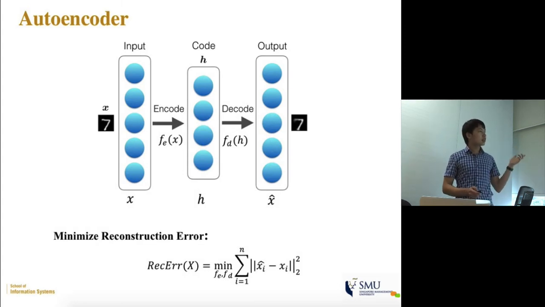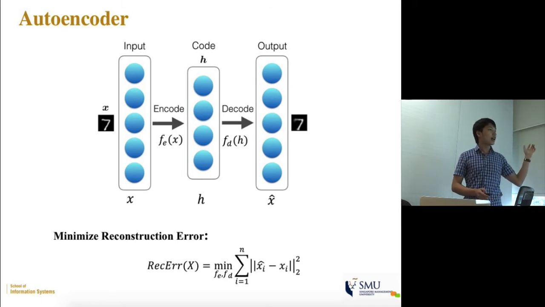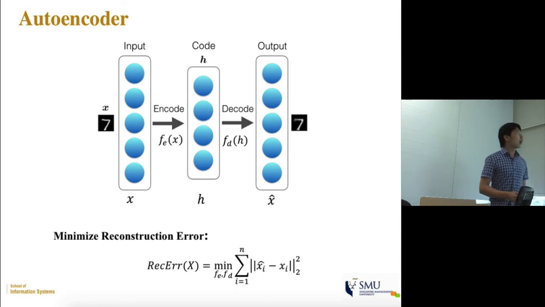You can see it's a feed-forward neural network, and the input for this neural network is a feature vector, and the idea is that this network will try to reconstruct this input vector X. The hidden layer is received via an encoding function FE, and then you also have a decoding process which tries to reconstruct the input from the hidden representation h here.